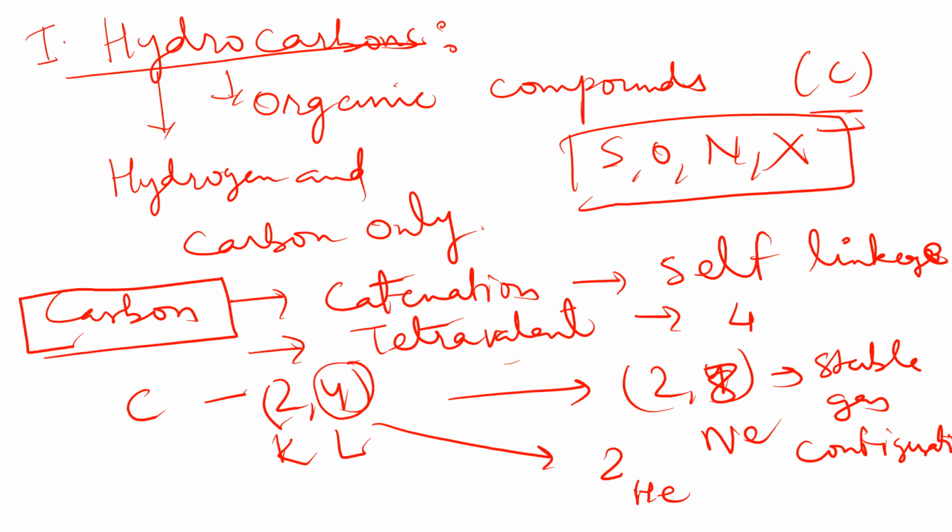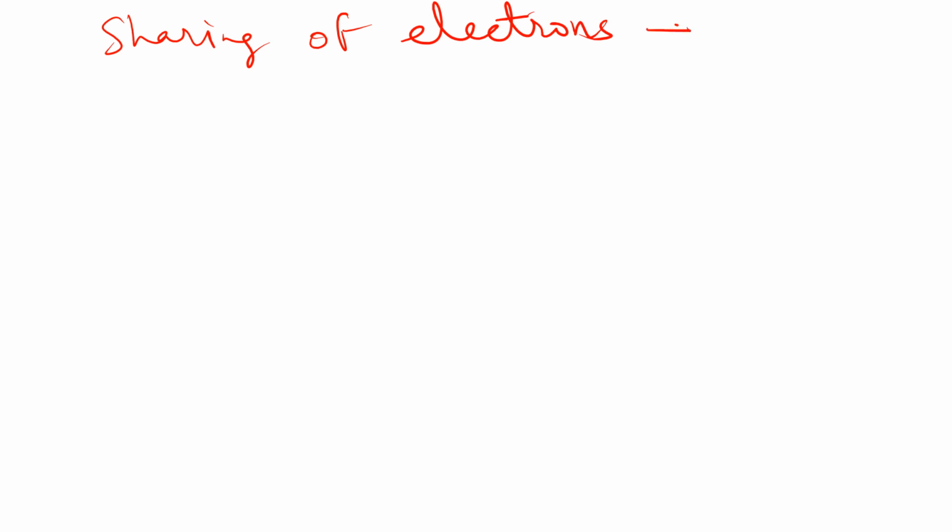So what happens? Carbon has the tendency to share electrons, to form bonds with itself and with other elements. Sharing of electrons is known as covalent bonding, which we have already discussed in our previous video.